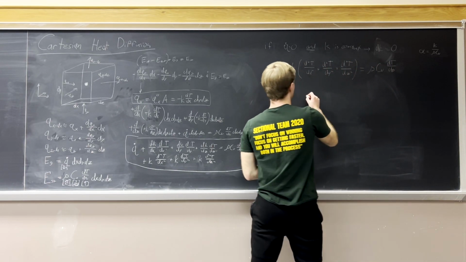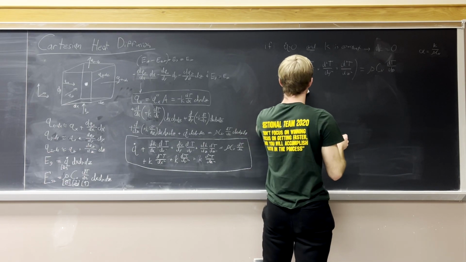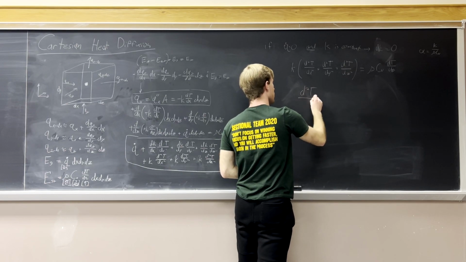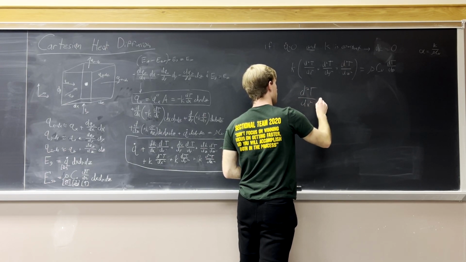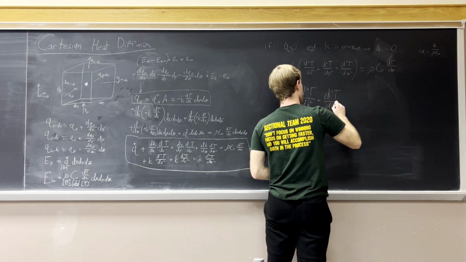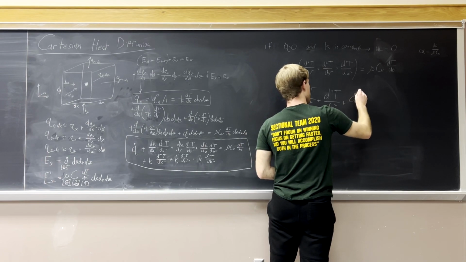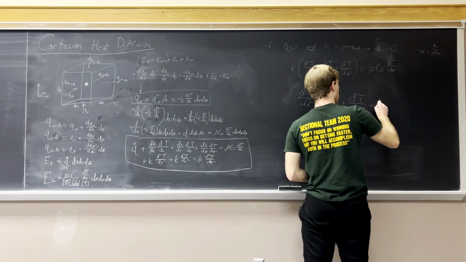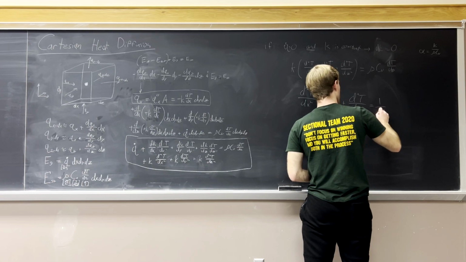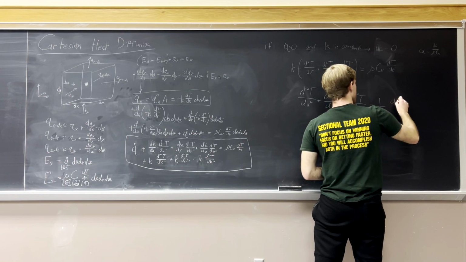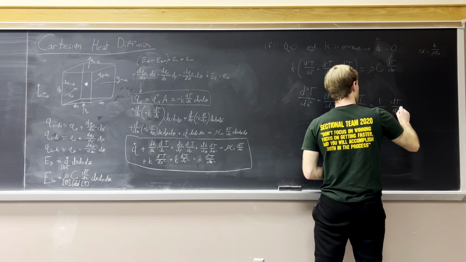So we can rewrite this without the parentheses now. I'll try to make it really nice and fancy looking just for you. So d squared T over dx squared plus d squared T over dy squared plus d squared T over dz squared is equal to 1 over alpha, I don't know if that's a super perfect alpha, we're going with it, dT over dt.